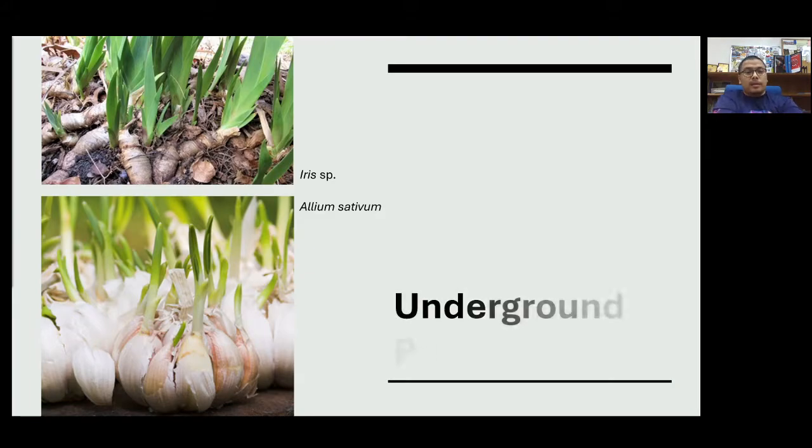Next we'll talk about underground parts, with examples of how the underground parts of plants were used in determining affinities. First is the iris, the rhizome characteristics of which are important for identification of various species of the genus. Second is the garlic: the bulb structure is an important taxonomic criterion in the genus Allium.